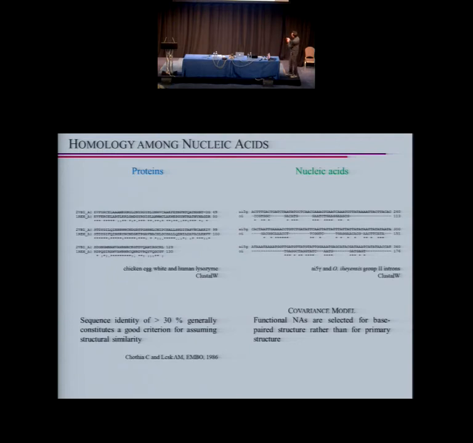And again, group 2 introns are a good case to exemplify this divergence between primary and tertiary structure in nucleic acids. Here you see an alignment between two group 2 introns that is very poor because it's characterized by the presence of many gaps.